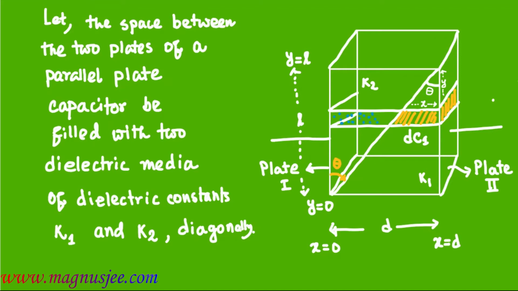The other elementary portion, having dielectric constant K2, is denoted by blue color, and its horizontal width is d minus x. Its capacitance is dC2.